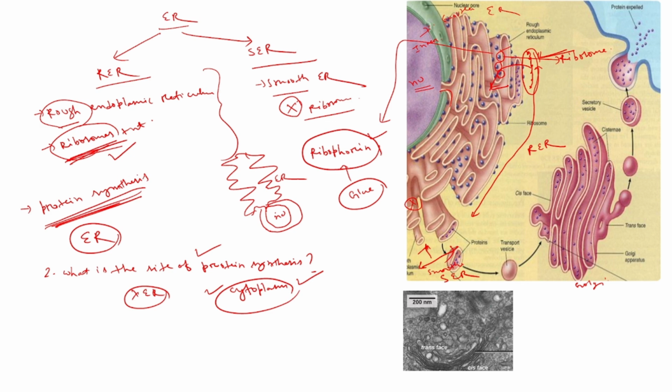But of course the rough endoplasmic reticulum helps in protein synthesis. The rough endoplasmic reticulum with ribosomes helps in protein synthesis, but protein synthesis occurs exactly in the cytoplasm, and after formation it enters the endoplasmic reticulum. This is the main function of the rough endoplasmic reticulum.